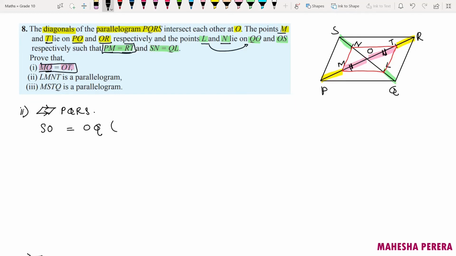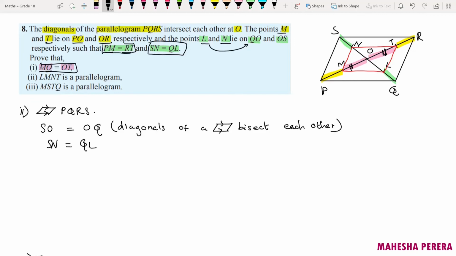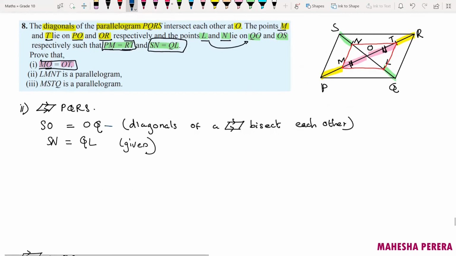Why? The diagonals of a parallelogram bisect each other. Then it's given that SN equals QL. SN equals QL. Right? This is given. So this is 1 and this is 2.